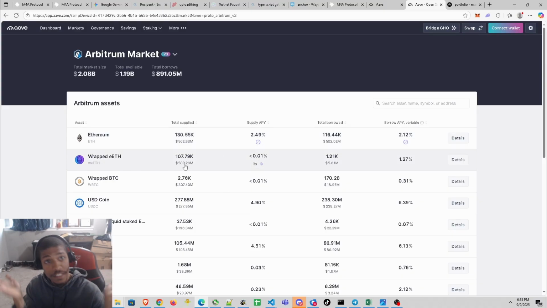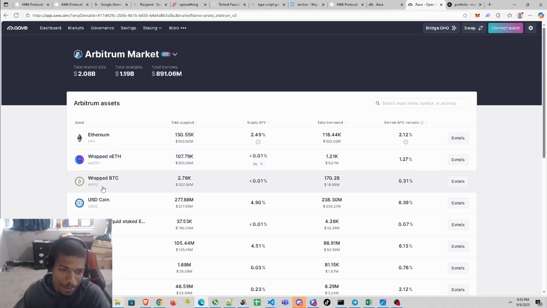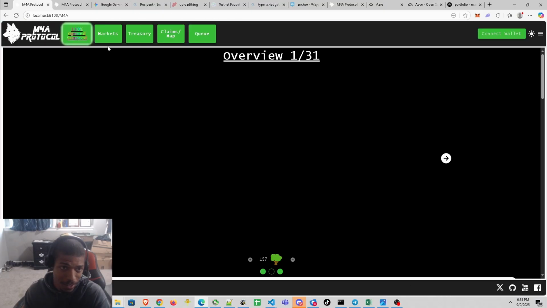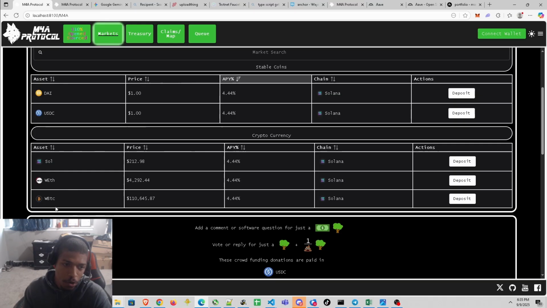Some other quick things, I know most people are less fluent in crypto. This wrapped BTC, WBTC, you may have seen that on the website recently as I've updated the markets. Wrapped BTC is just Bitcoin. Bitcoin is on the Bitcoin network, and when it leaves the Bitcoin network and goes to any other network, it has to be wrapped.